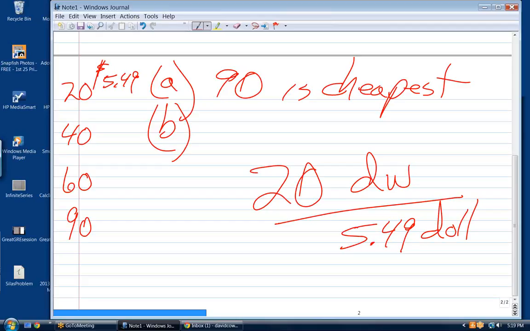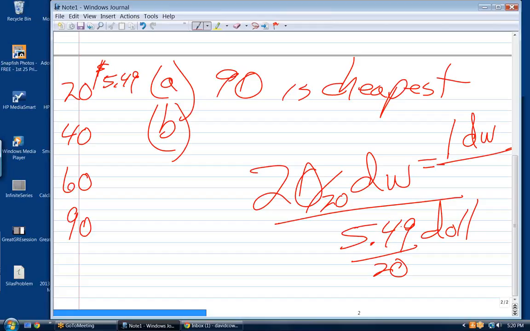Hold on, is that what she wants? I thought she wanted to know the price of an individual pack of dishwasher detergent. Yeah. In order to determine the cheapest, we need dishwasher per dollar. In other words, I want to divide top and bottom by 20. That's going to give me one pack of dishwasher detergent for whatever this price is.